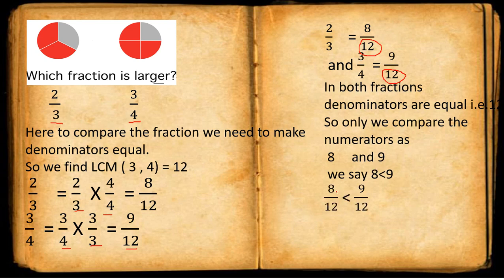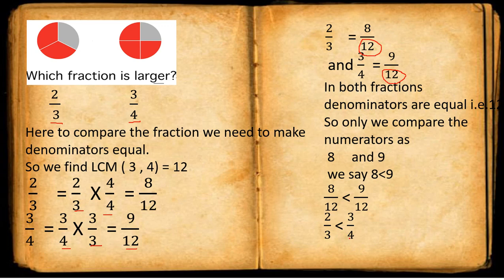So we can say 8 upon 12 is less than 9 upon 12. And 8 upon 12 from where we are getting? By 2 upon 3. So in this case 8 upon 12 is nothing, it is equal to 2 by 3. And 9 upon 12 we are getting from this fraction 3 by 4. So here we can say 2 by 3 is less than 3 by 4.